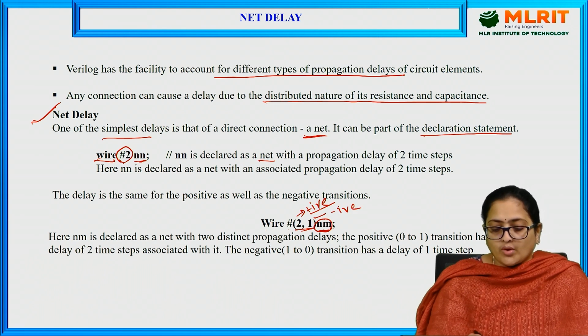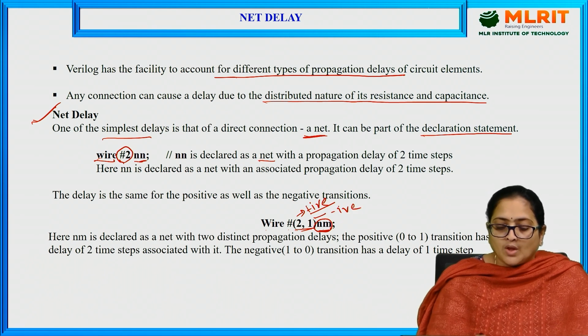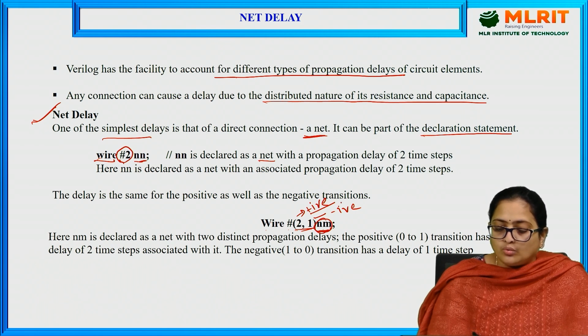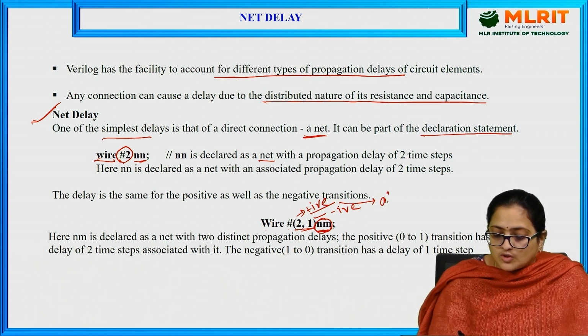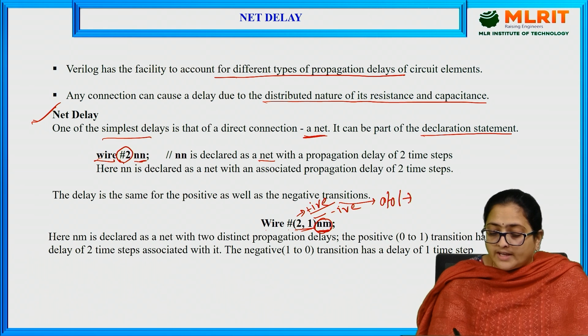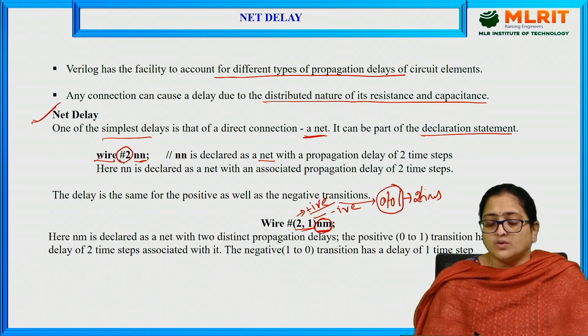What is a positive transition? What is a negative transition? When your NM value is changing from 0 to 1, then it takes 2 time intervals of delay. The changing of the value from 0 to 1 is nothing but a positive transition.